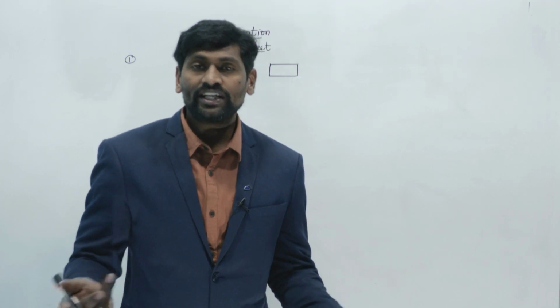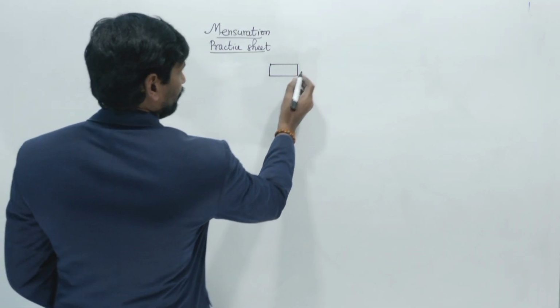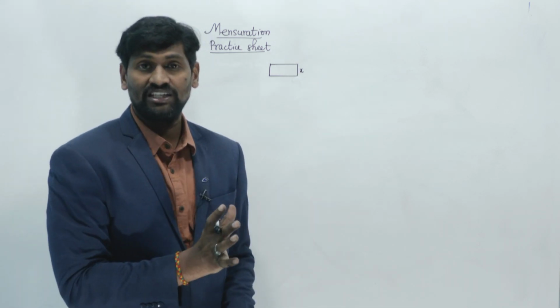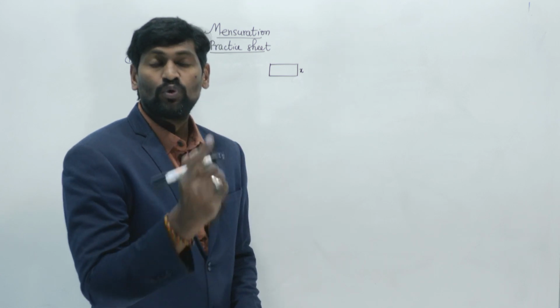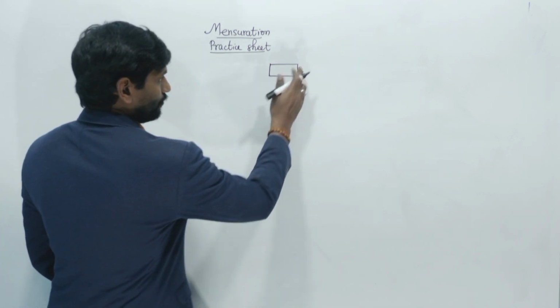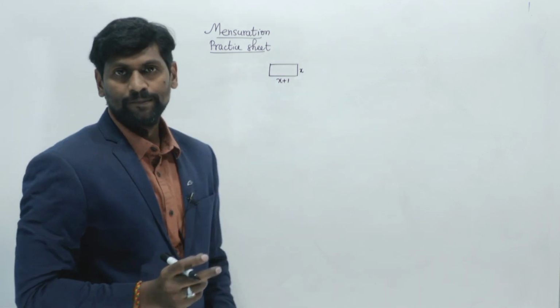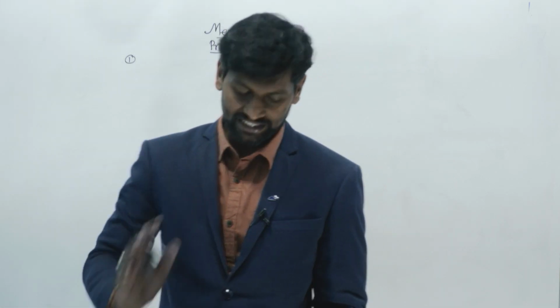Let me draw a rough diagram here. Here the length and breadth are both not given. Now I am taking the breadth as x. Then what will be the length? According to the first sentence, the length is 1 meter more than the breadth, so breadth x means length will be x plus 1 meter.